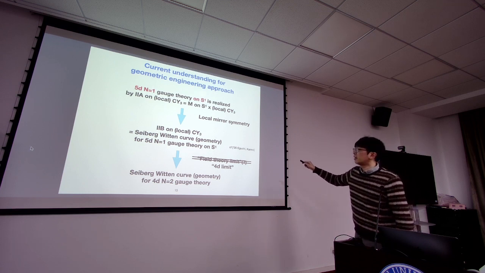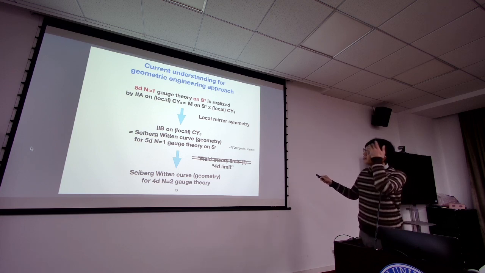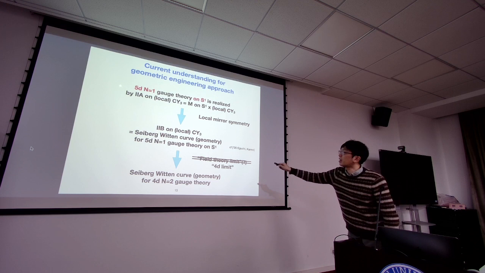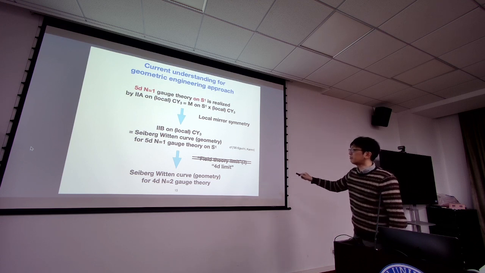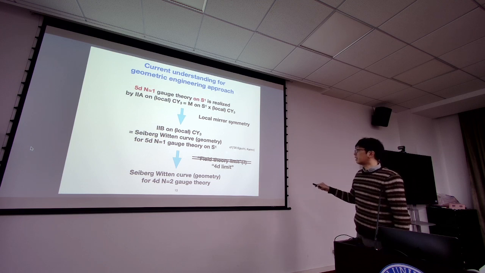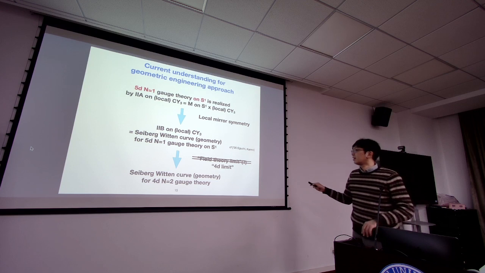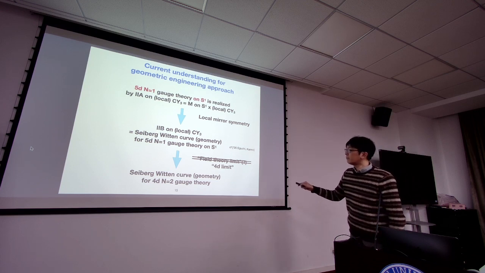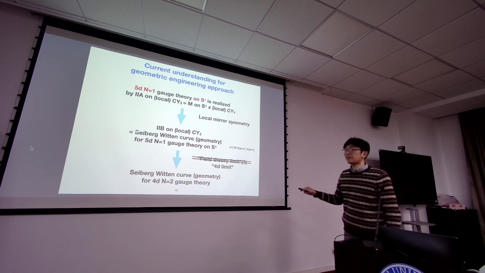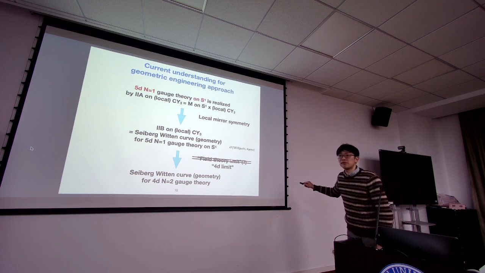Then if we consider the mirror symmetry of this type IIA on a Calabi-Yau threefold, we obtain type IIB on a Calabi-Yau threefold, and according to Eguchi and Kanno, and there are other papers also, the mirror of type IIB on the Calabi-Yau threefold is exactly the Seiberg-Witten curve for 5D N=1 gauge theory on S1 before taking this field theory limit.